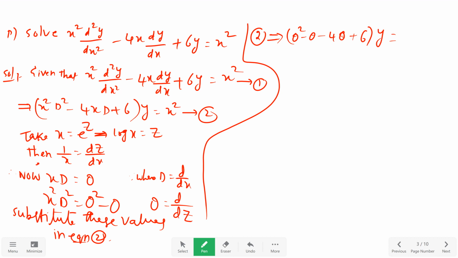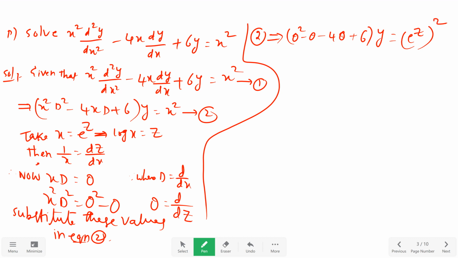Now our substitution is x is equal to e power z. So x square value here, x can be taken as e power z. This substitution can be substituted on the RHS of equation 1, then we get e power z whole square.